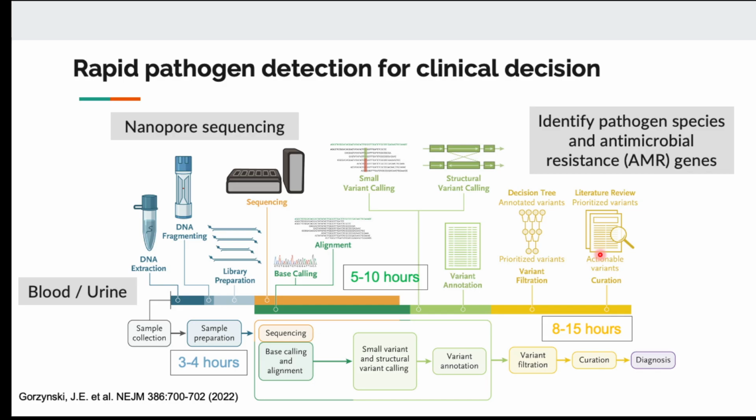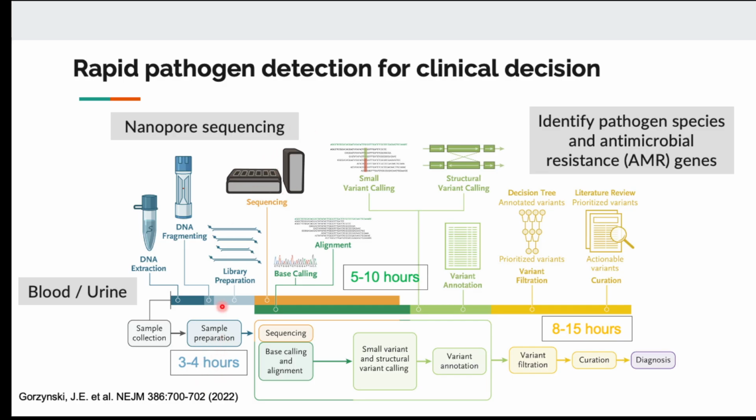In the clinical context, we talked about nanopore sequencing being a rapid solution that can identify pathogens in blood or urine within hours. So nowadays, many hospitals in the world are starting to study if nanopore sequencing can become standard bedside testing. You can collect a blood or urine sample from the patient and run it through the pipeline.